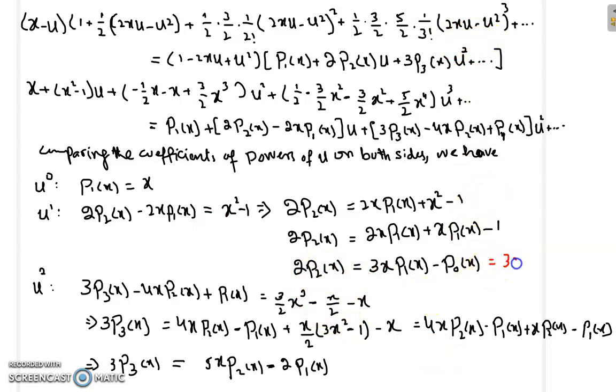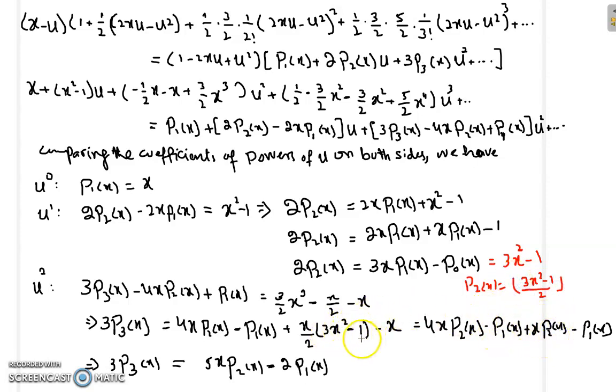This is 3x, and the value of p1 is what? P1 is x, so this can be x squared, and p naught is 1. So while dividing on both sides, p2 can be written as 3x squared minus 1 by 2. So this is the value of p2.